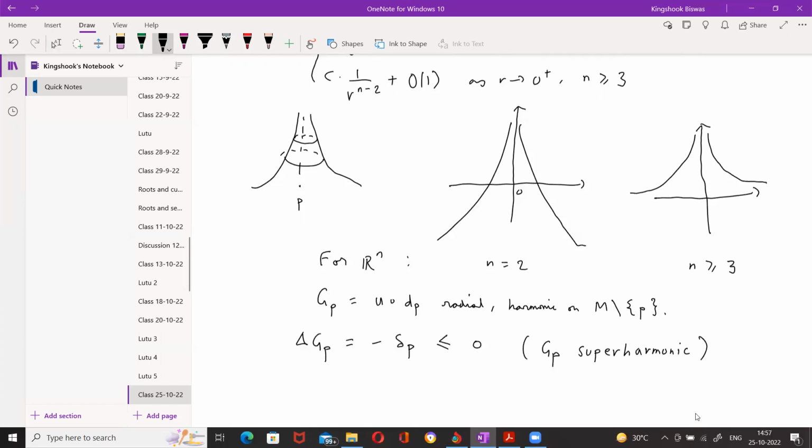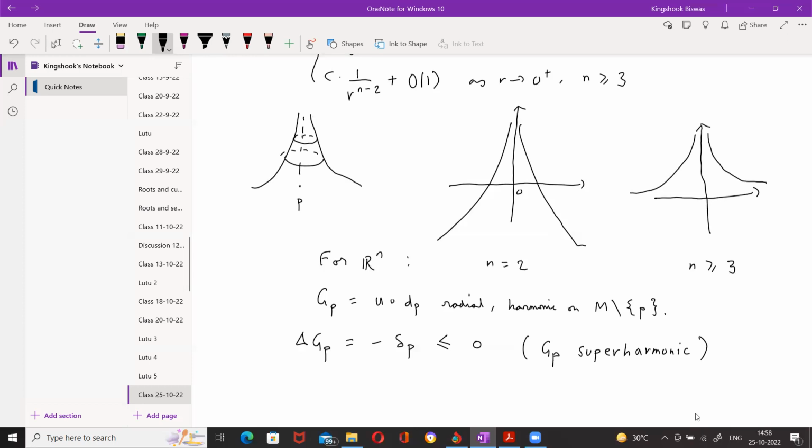In the n equal to 2 case, this function is of course not positive everywhere, since it tends to minus infinity near infinity. Whereas in the n greater than or equal to 3 case, this is a positive superharmonic function.